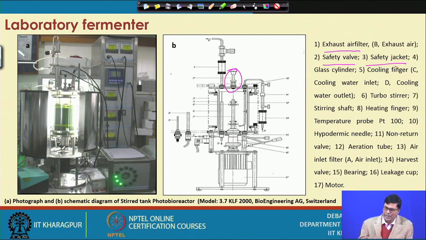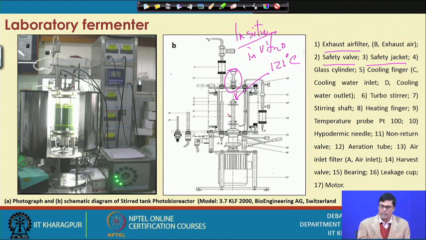We have a safety jacket, because in the lab the vessel is made of glass. There are two types of sterilization technique, one called in situ and the other in vitro. In situ means that the fermenter, wherever it is located, is sterilized right there. For sterilization we have to maintain a temperature of 121 degrees centigrade, and for that we have to increase the steam pressure to 15 psi.